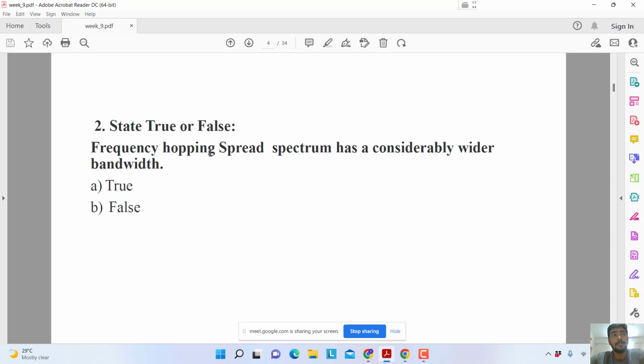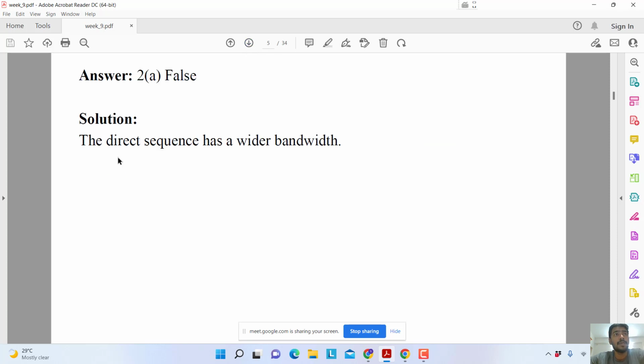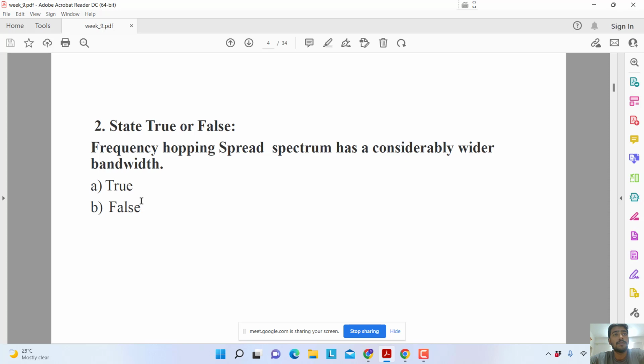Try to solve this. Okay, so this is false, because you already know that direct sequence has a wider bandwidth comparatively, and this is used in CDMA. So this statement is false.